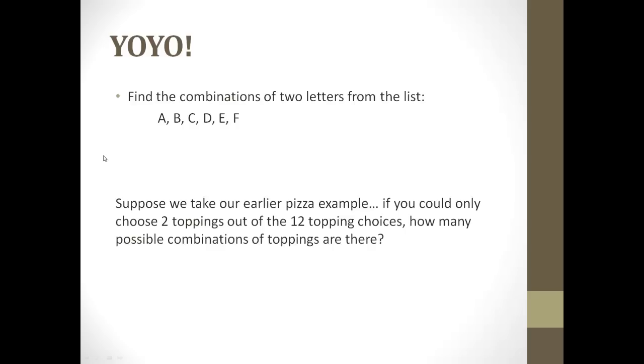Okay, so let's go ahead and figure this out. We've got 6 letters, A, B, C, D, E, and F, and we want to find 2-letter combinations. So I'll do this one the long way and the other one the shorter way. We have the permutation of 6 over the permutation of 6 minus 2, times the permutation of 2.